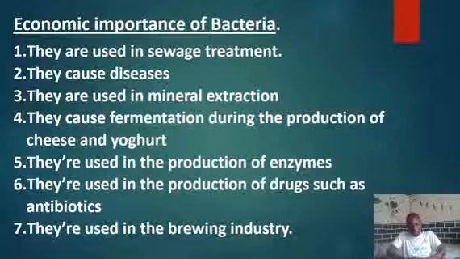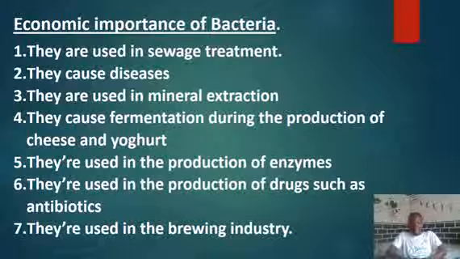Then the fourth one is that they cause fermentation during the production of cheese and yogurt. Through anaerobic respiration, they can cause fermentation during the production of cheese and yogurt. Then of course they are used in the production of some enzymes. So let's take note of that one as well.